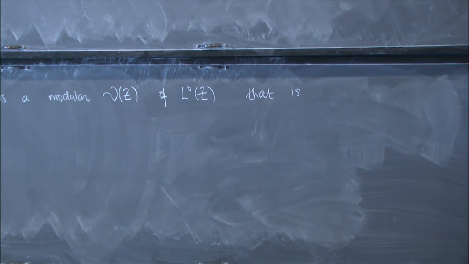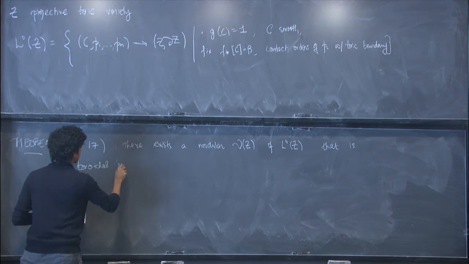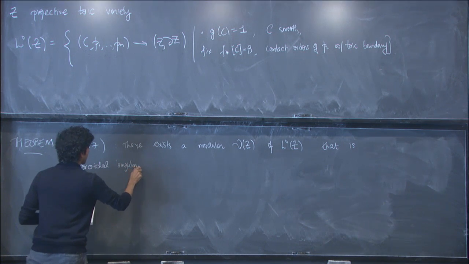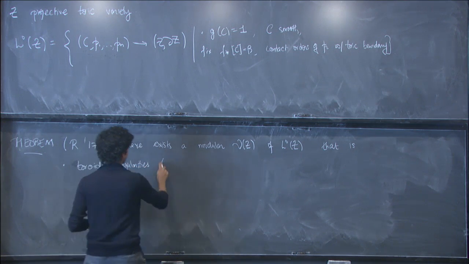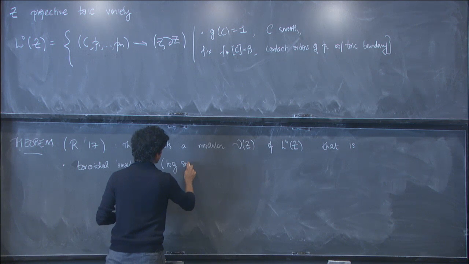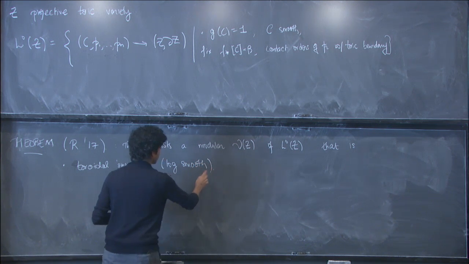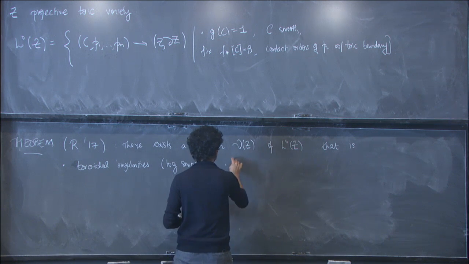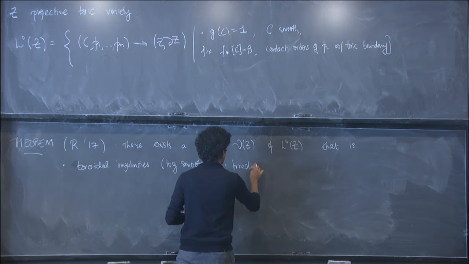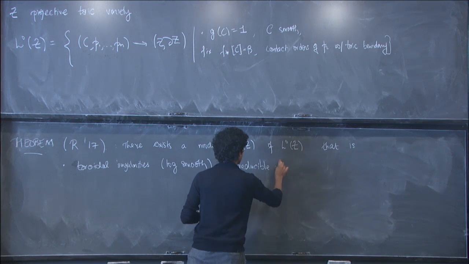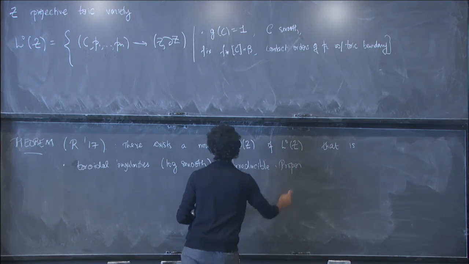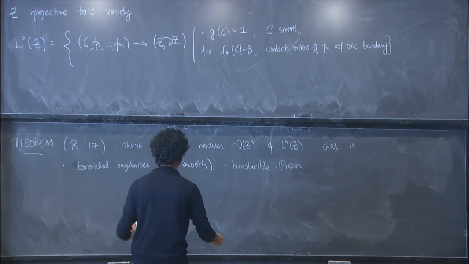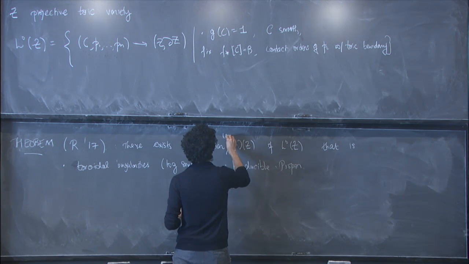So it has toroidal singularities. So you might want to think about this as being smooth in some category. That category is logarithmic schemes. So it has toroidal singularities. It's irreducible. It's proper. Sorry, compactification.